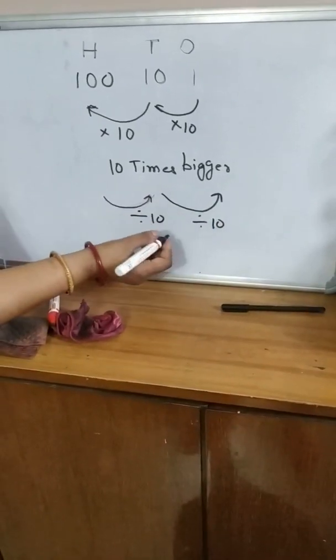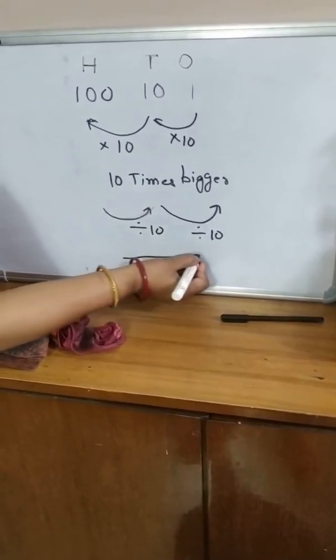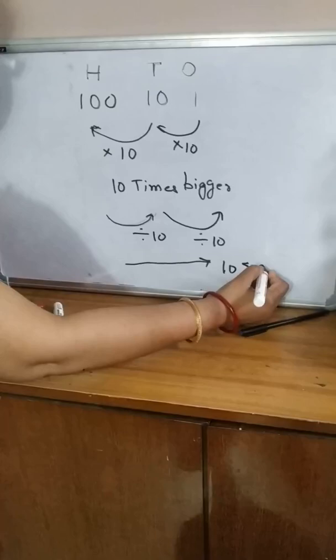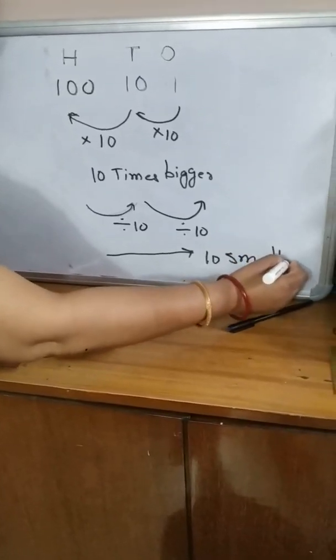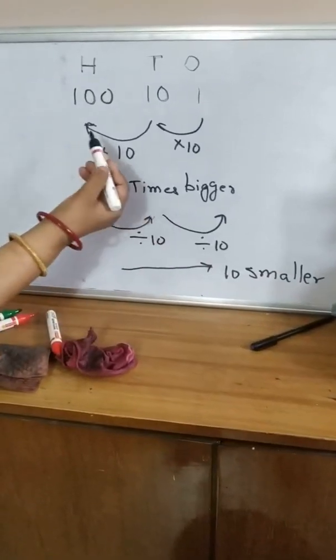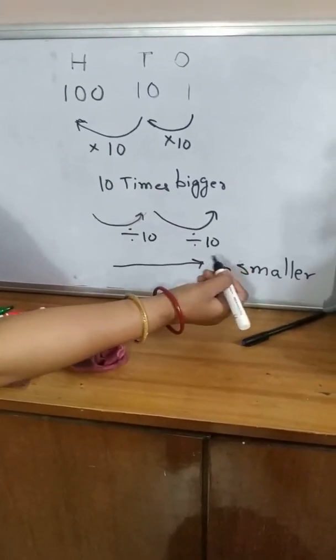So when we are going from left to right, it becomes 10 times smaller. As I move from left to right, the place value of the digits becomes 10 times smaller.